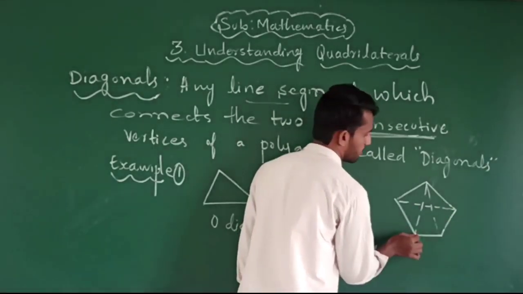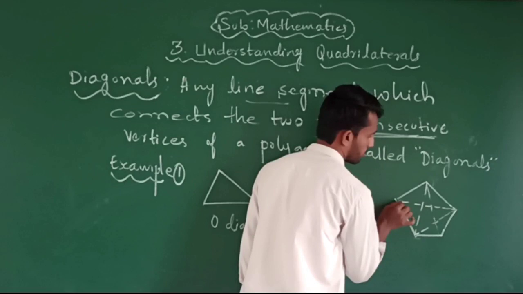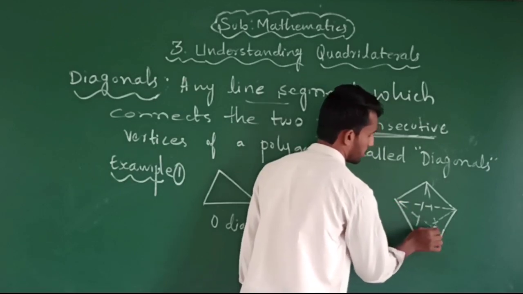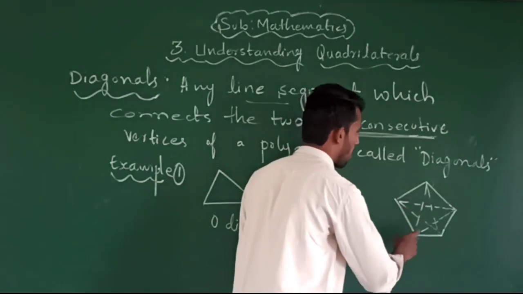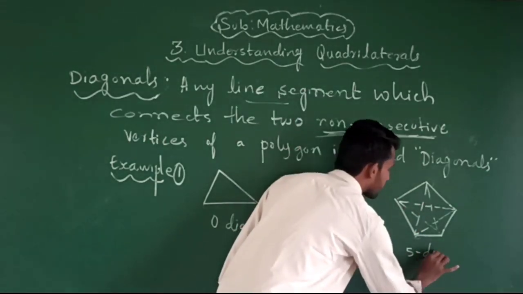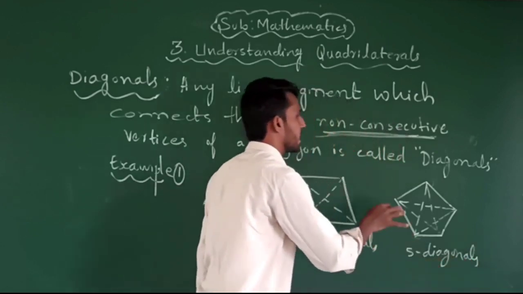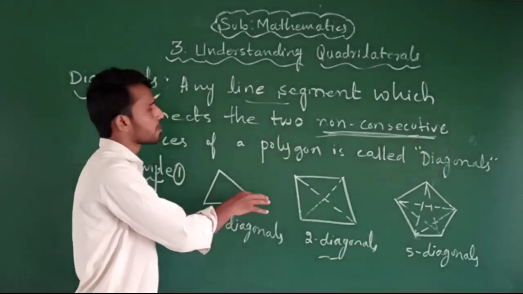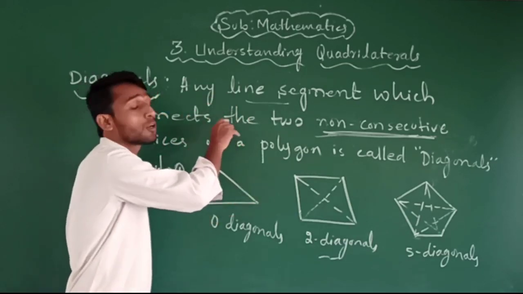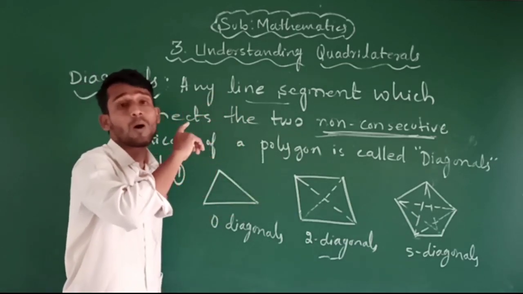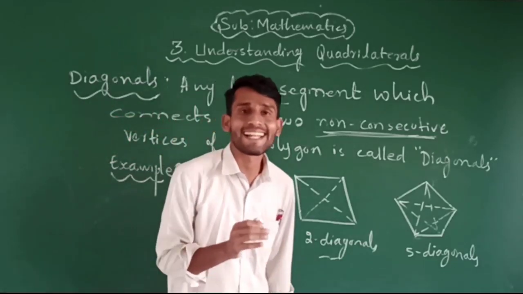See here, these all we will call diagonals. Total we have 5 diagonals. Okay, dear friend, diagonals mean any line segment which connects two non-consecutive vertices. Those line segments we will call diagonals.